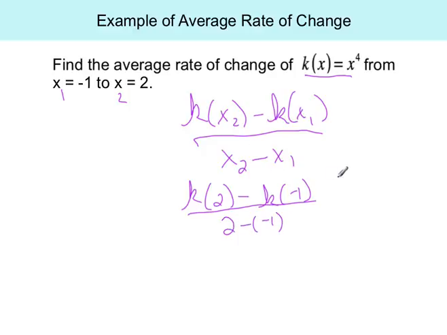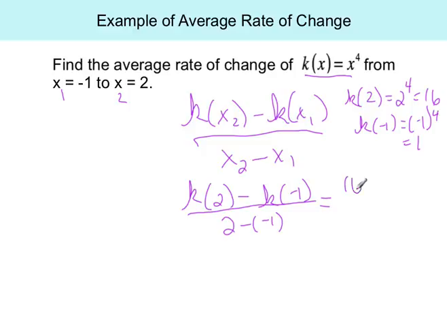So we're going to evaluate k of 2. Well, k of 2 is 2 to the 4th power, which is 16. K of negative 1 is going to be negative 1 to the 4th power, which is just 1. So we're going to plug in down here.